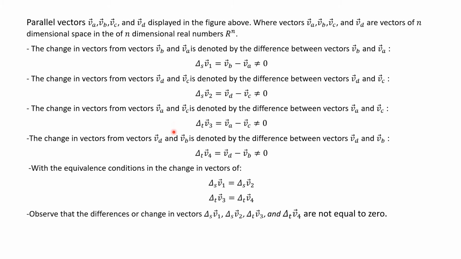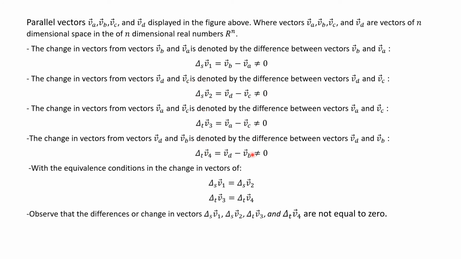I'll just go back, rewind a little bit if you want to examine those. And the change in the vectors from VD to VB is denoted by the difference as we see here, which all of them equal these differences. This one, and this one.